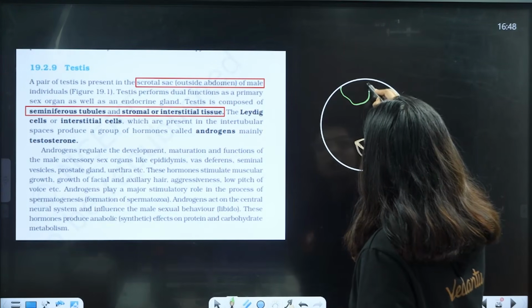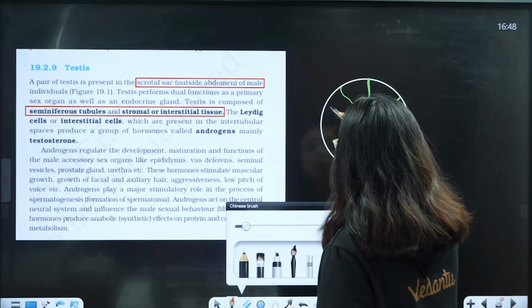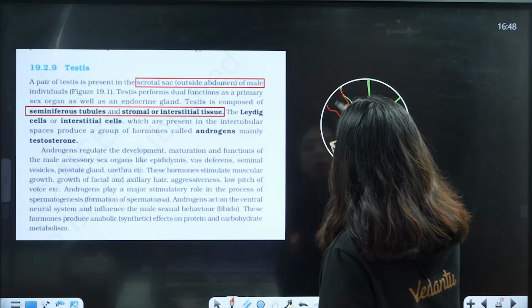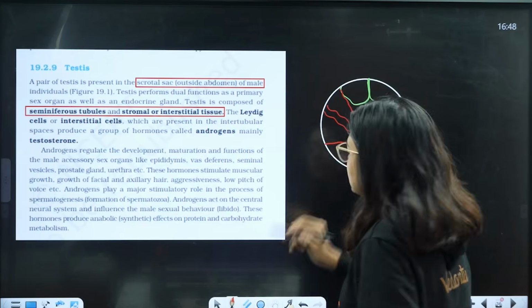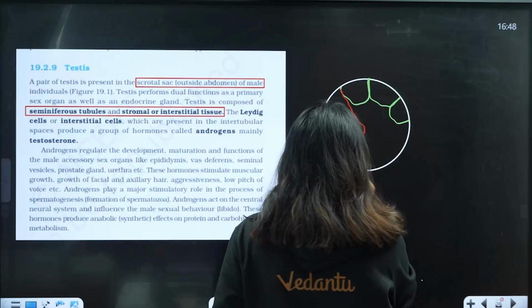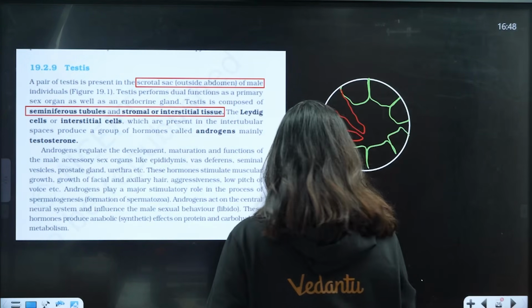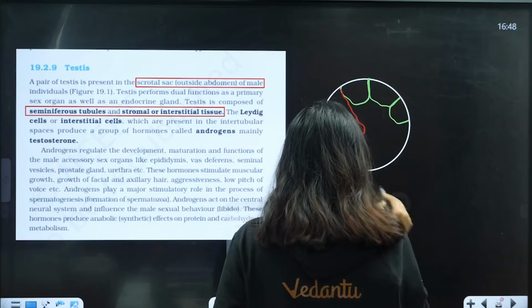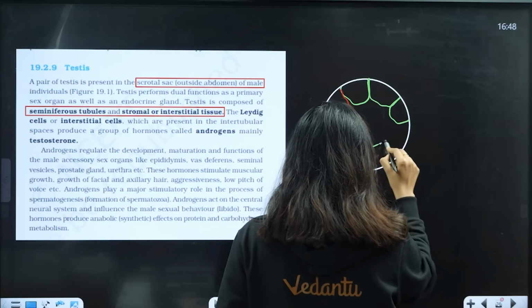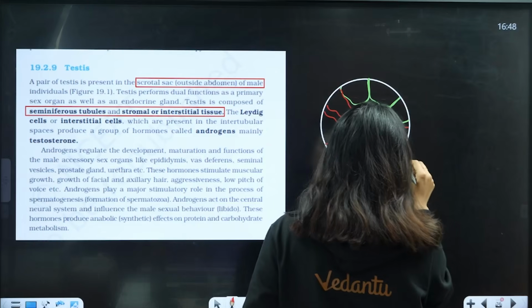Okay, this is the cells, right? These are the cells, and I'm just drawing it very randomly. The detailed structure diagram I have already taught you, like this.